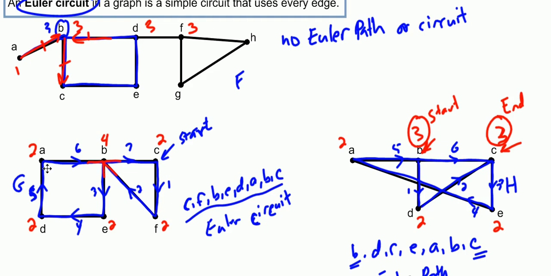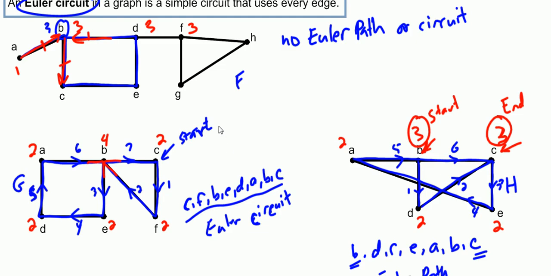So if you had a circuit here that went from A to B to E to D to A, and then you had another circuit here that went from B to C to F to B, you could then take this second circuit BCFB, and when A goes to B, just drop it right in there. So you could have gone from A to B and then followed this circuit and then hopped right back onto the original circuit. So as graphs get larger, the idea is you find small circuits, remove them, find small circuits, remove them, and then insert them in.